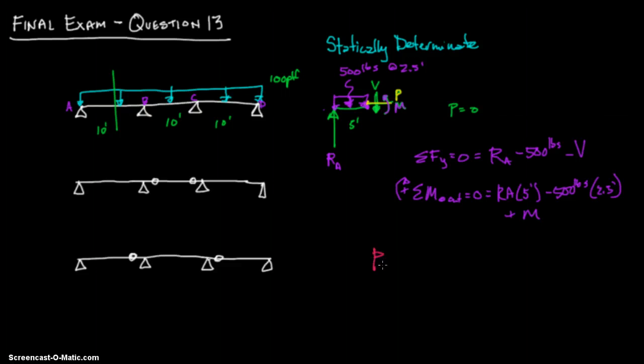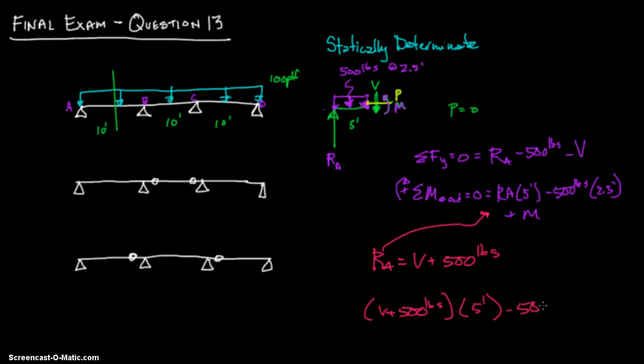RA equals V plus 500, then we substitute RA right there: V plus 500 pounds times 5 foot, and then 500 times 2.5 minus 5, 2.5 foot, and then plus M. You still have two unknowns. You still have V, and you still have M. So that really doesn't help you.